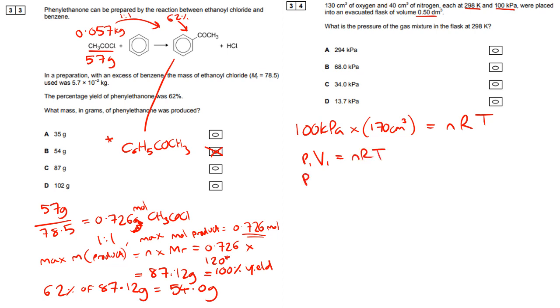Our new pressure and our new volume is the same moles, the same gas constant, and the same temperature. So this enables us to make the following simplification. The first pressure times by the first volume equals the second pressure times by the second volume, because the nRT is the same in each case.